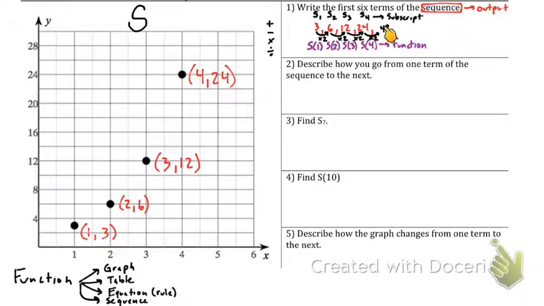So this is my 5th term, but we want my 6th term. So to find the next term, I'm going to multiply by 2. And that gives me 96. So if you look, we have 1, 2, 3, 4, 5, 6. We have found the first 6 terms of our sequence. And we are done with number 1.